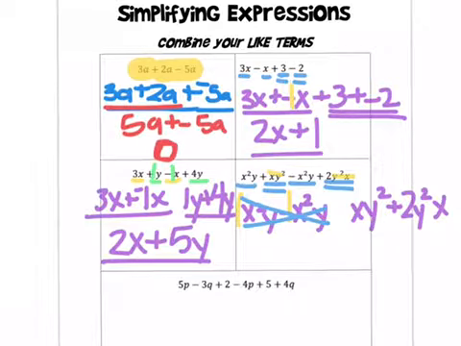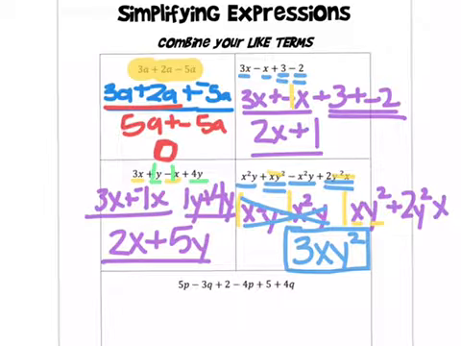Remember, even though the order is off, we still have like terms because they both have a y squared and they both have an x. Now, there is a 1 in front of our first term because there's not a number written. So we have 1 plus 2. Well, that is 3. And then we can put them in whatever order. I like to make it alphabetically in order so the x comes before y. But make sure you square that y squared. That is your answer because our first two terms canceled out. And that's our complete answer.